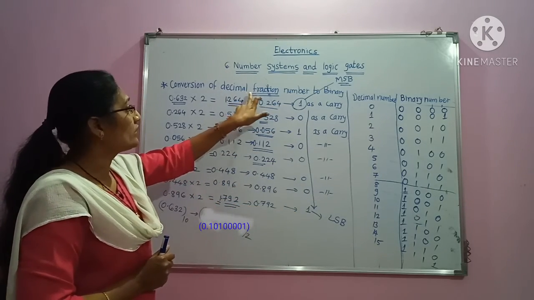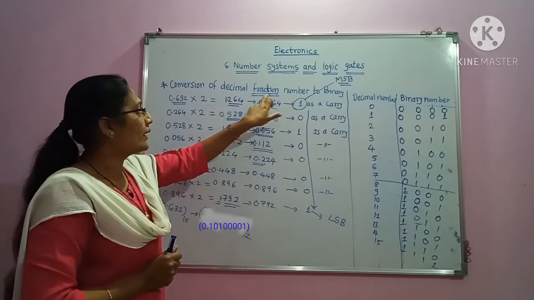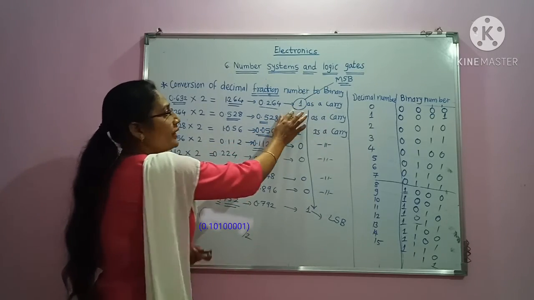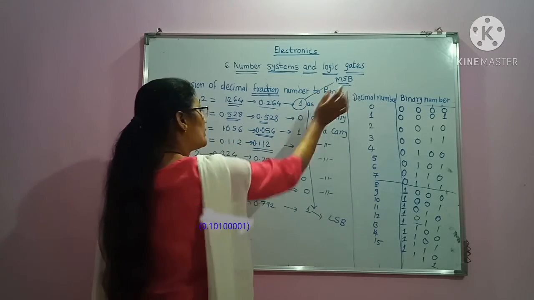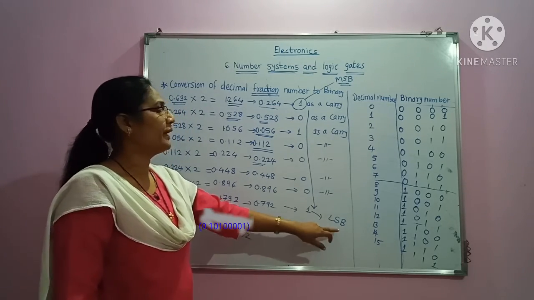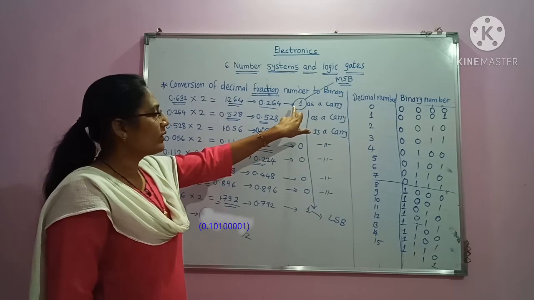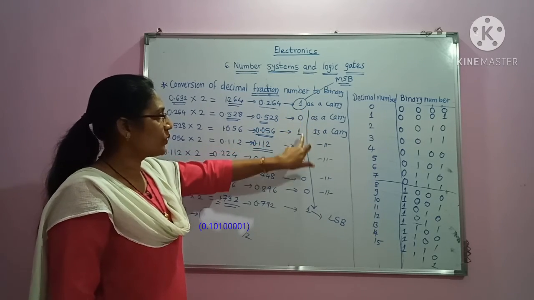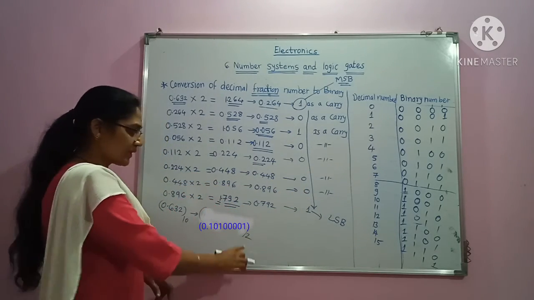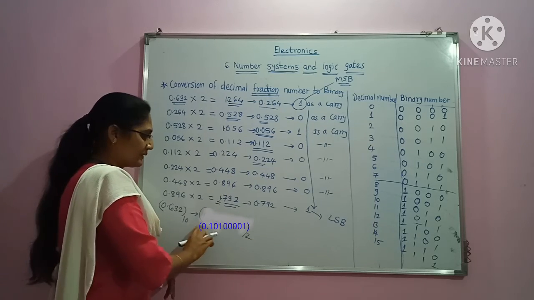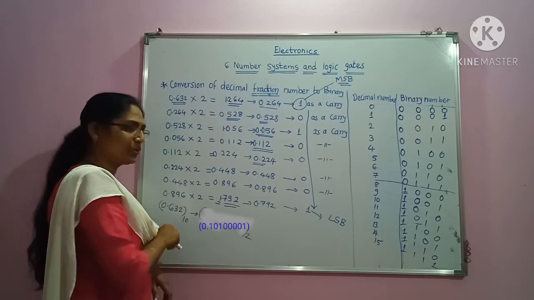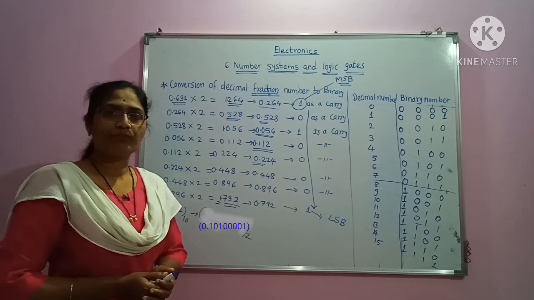So when we deal with a fraction number and we want to convert it into binary, then the uppermost bit will serve as the most significant bit and the lower bit will serve as the least significant bit, and hence we have to write the number as 10100001 and at the subscript we have to mention 2 as it is a binary equivalent of the decimal fraction 0.632. Thank you.